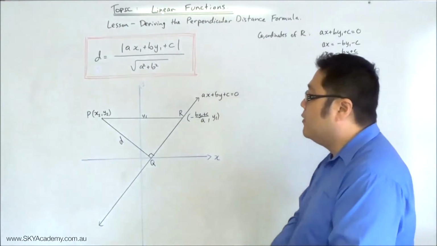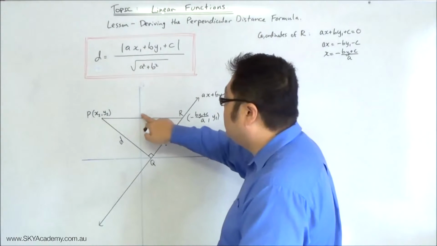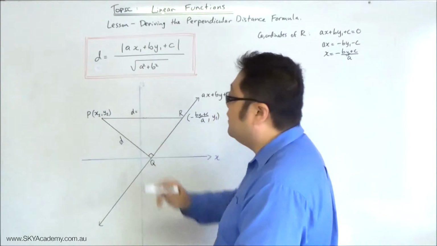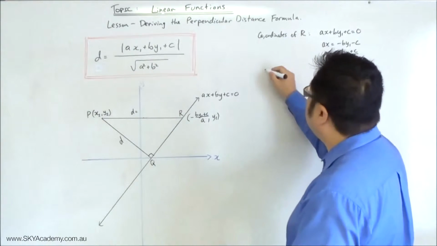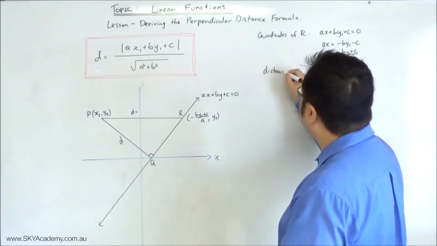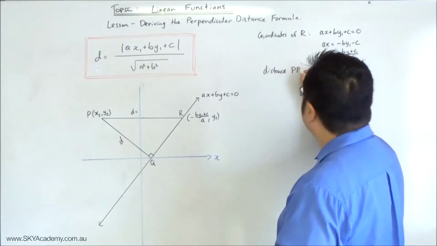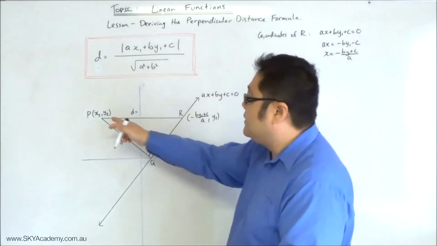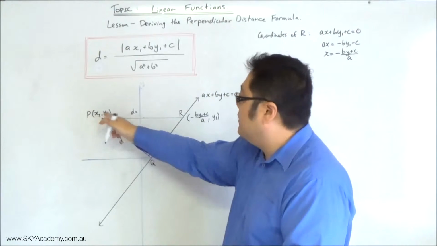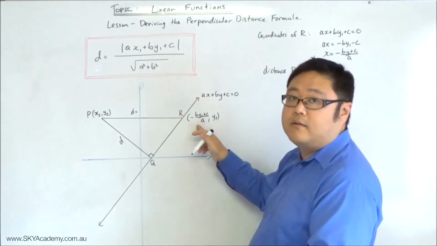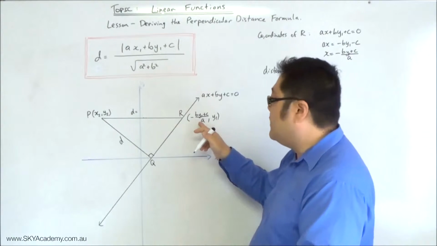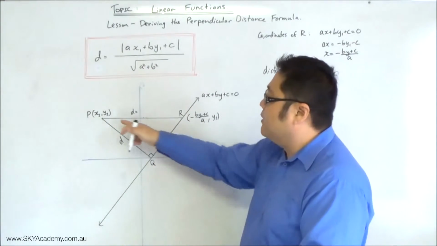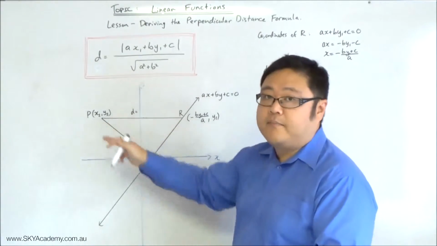Alright. So, what would that make this distance here? The distance PR would be equal to basically this coordinate minus this coordinate. Yes, it'll be that distance there, right?